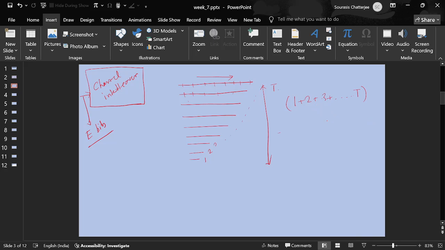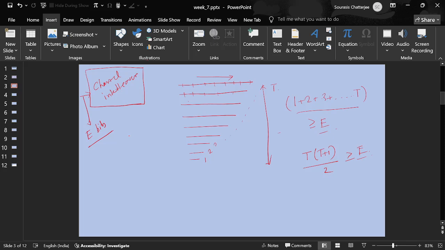Greater than or equal to. Greater than or equal to E. Okay. And this summation comes out to be T times (T plus 1) divided by 2, so T times (T plus 1) divided by 2 is greater than or equal to E. So it can be equal to E, but in most scenarios it will be greater than E. So how do we take care of that?